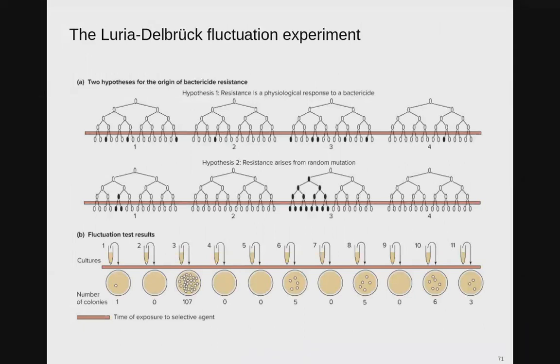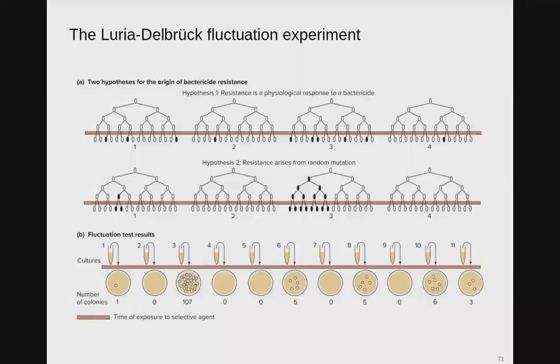So we have two hypotheses here. Resistance is physiological, so it's adaptation, essentially. And you'd imagine that the pedigree of bacteria would look very different depending on how this worked. If resistance is a physiological response, you would expect to only see it in younger generations because it's something they would have to adapt to over time.